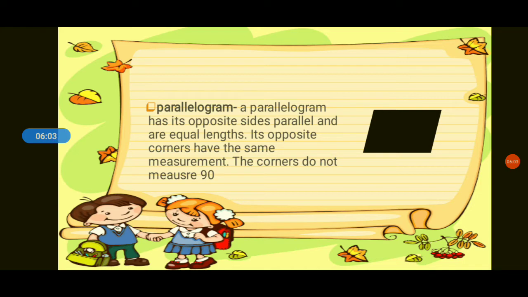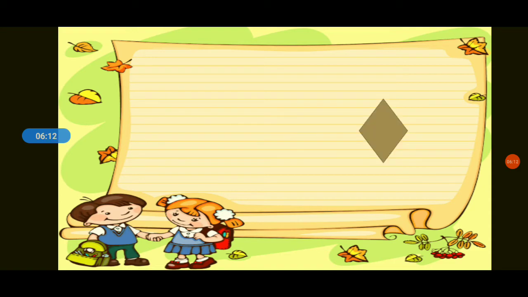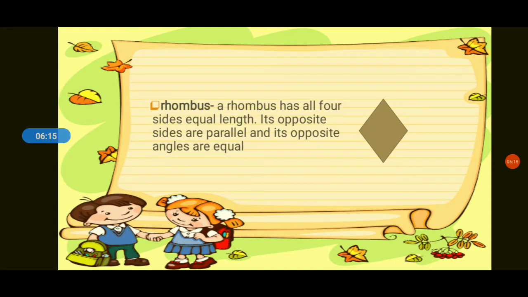First, we have the square, and then the rectangle, and then the trapezoid, and then the parallelogram, and the last one is a rhombus. Now, a rhombus has all four sides equal in length. Its opposite sides are parallel, and its opposite angles are equal. That is a rhombus. Okay? Now, if you see a figure like that, that quadrilateral is a rhombus.